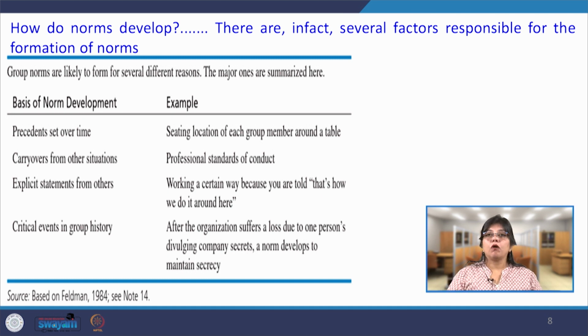So, this is how norms develop, which are responsible for maintaining orderliness and a sense of predictable behavior among employees or any members of the group.